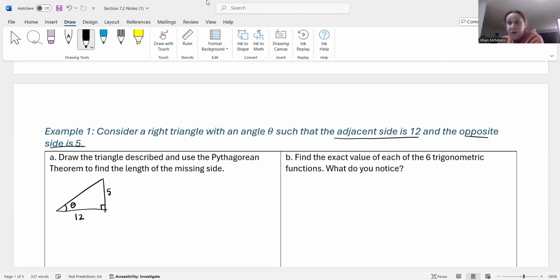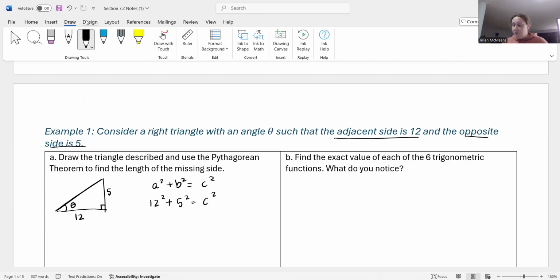And now we have to use the Pythagorean theorem to figure out the length of the hypotenuse. So hopefully you remember that the Pythagorean theorem is a squared plus b squared is c squared, okay? So A, we'll call it the adjacent side, that is 12 squared. B, we'll call it the opposite side, that is 5 squared. And if we can work this out, we can figure out what c squared is.